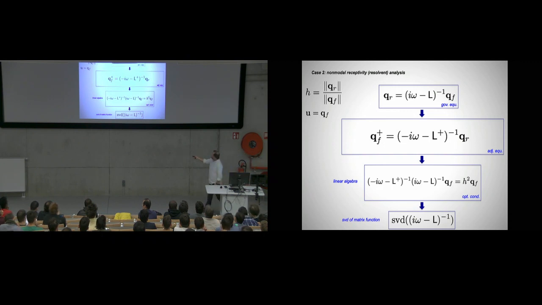This is the forward mapping, and this is the backward mapping, just like before. Linear algebra is doing all that optimization for us. And the same thing, the SVD of the resolvent gives you everything you want. The singular values will be the gains, and the singular vectors will be the forcing and response modes. One shot.